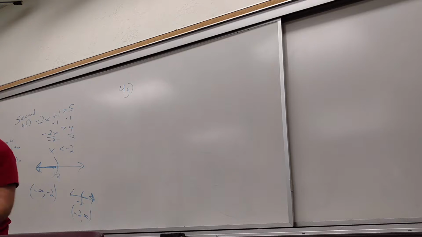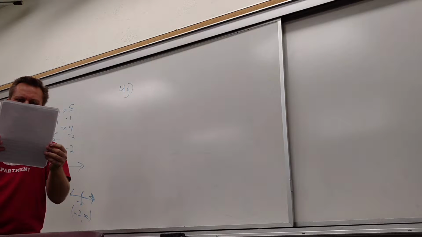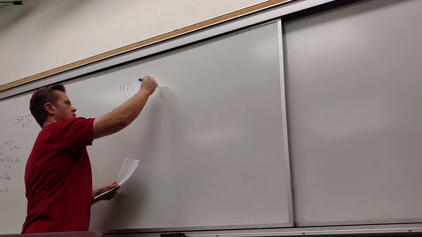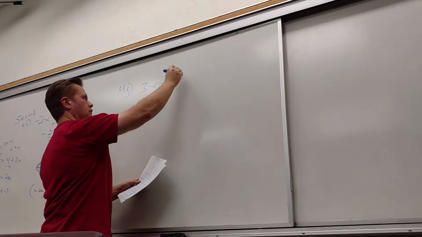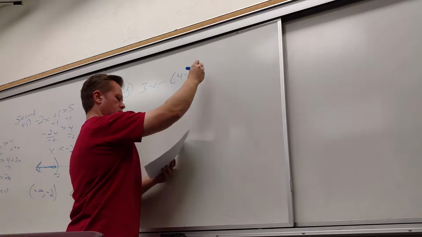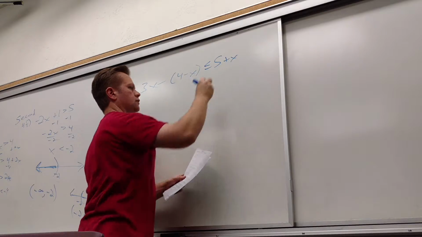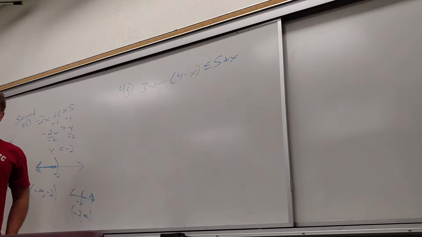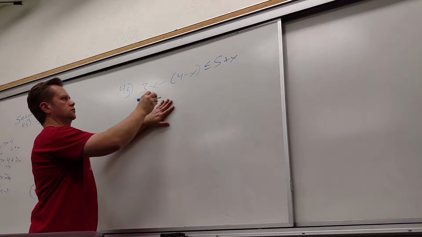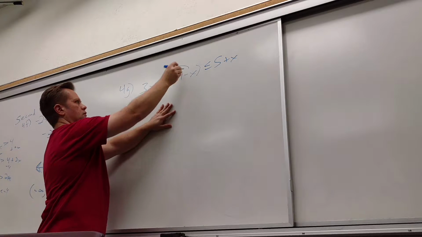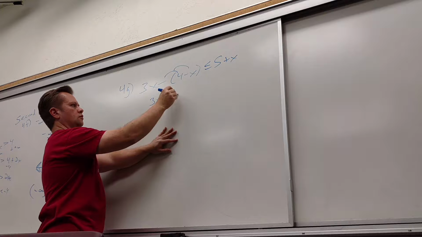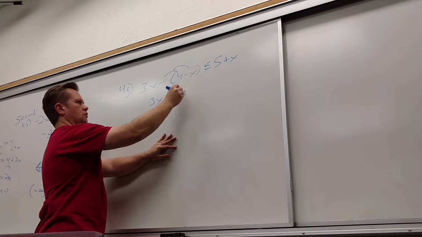So 4G: 3x minus 1 minus x is less than or equal to 5 plus x. How do you do this? What's the first thing you do? Distribute the negative, technically. So it's 3x minus 4 plus x.